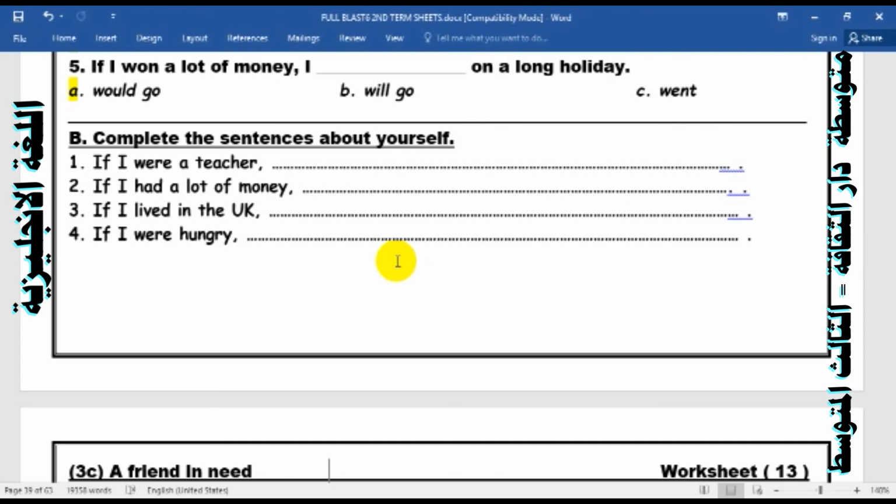ممكن احنا نحل واحده كده. For example number 4. If I were hungry, who can complete؟ لو انا جعان ها. If I were hungry، لو كنت جعان. Yes, super, excellent. I would eat a sandwich, for example.